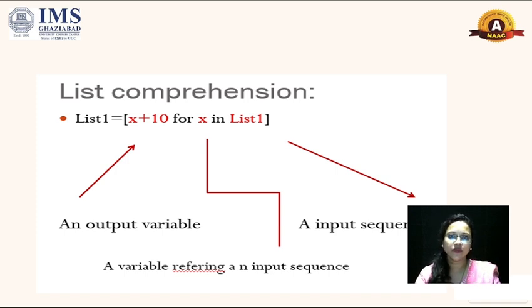What is for x in? It means a variable referring to an input sequence, telling that this is the input sequence on which you have to apply the rule. And after that, last is list1. List1 is your existing list, that means you can say the input sequence.